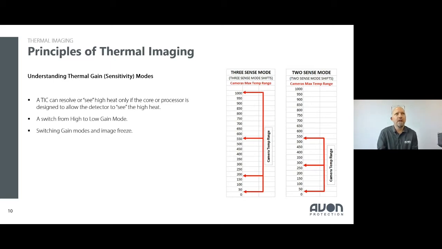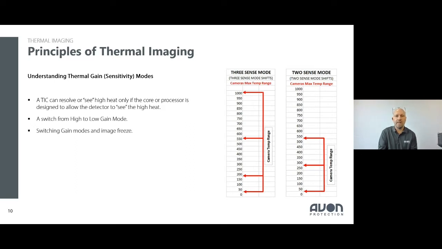We need to understand what we call gain modes, and gain modes are prevalent in every thermal camera. Everybody has one or has several. Most cameras on the market have a 2-sense gain mode, and most cameras on the market will operate in temperatures between around 0 degrees and up to around 550 to 650, depending on the type of camera you buy.